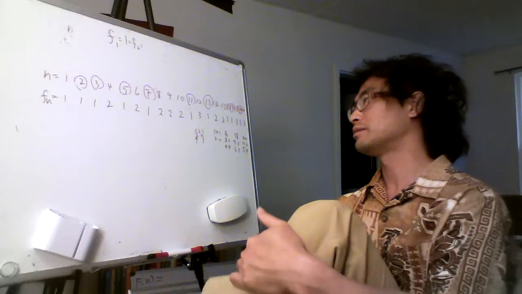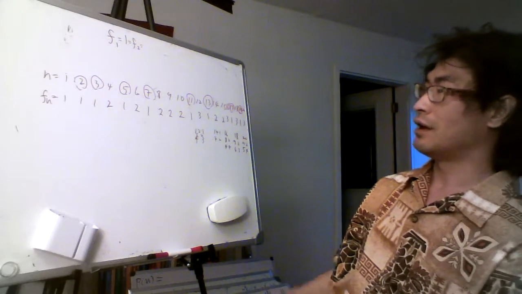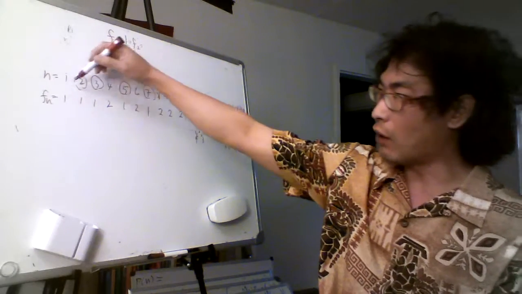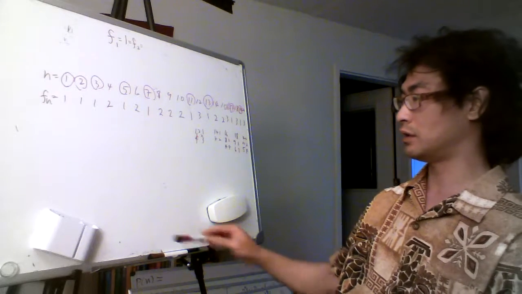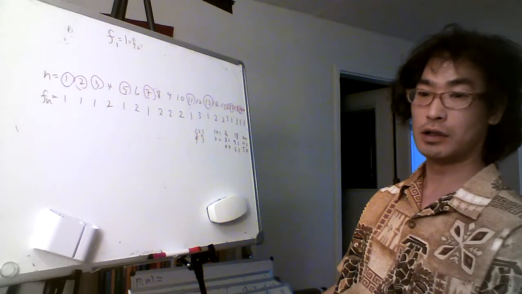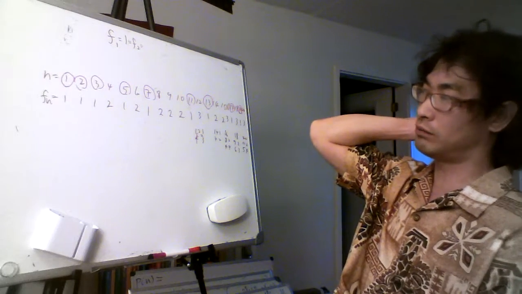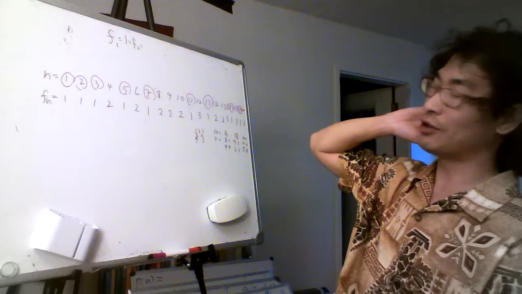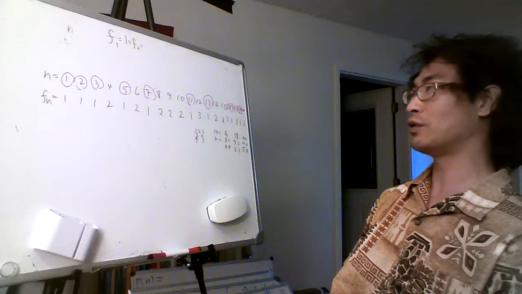A prime number by definition has just two different factors. For the factorization, we'll regard one as a prime number, because our definition of prime number is that there's only one way to express it in terms of multiples, okay? What is 1? 1 times 1. What is 2? 2 times 1. What is 3? 3 times 1. There's no other way to express it.